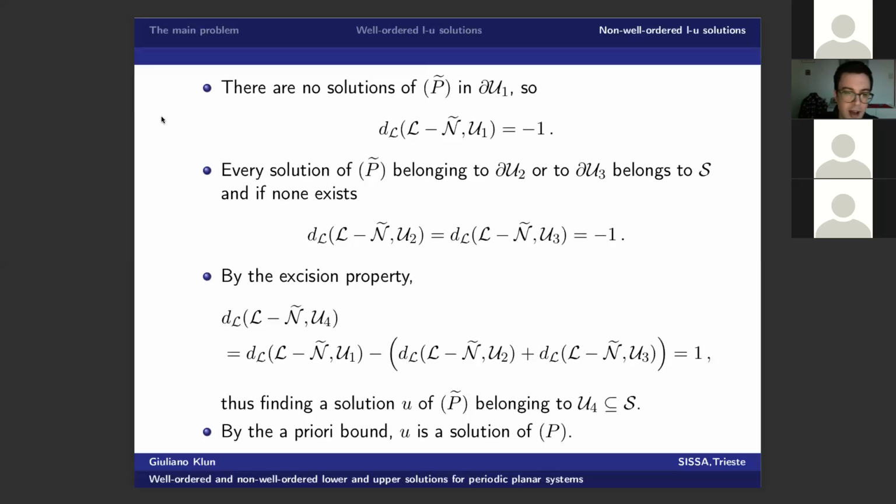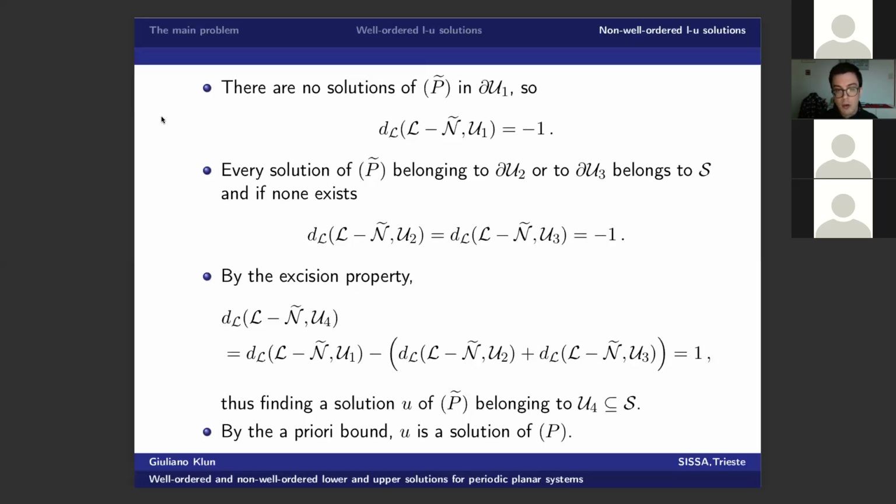Then we have found a solution of P tilde. But this solution belongs to U4, and U4 is contained in the strip. But the a priori bound we have proved before guarantees, again, as in the previous theorem, that the problem has not been modified in the strip.